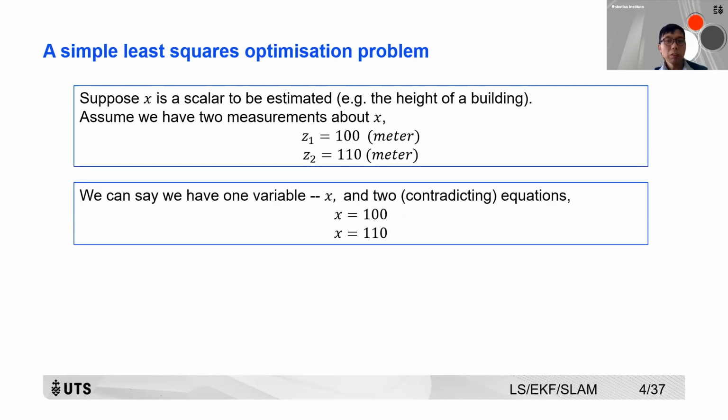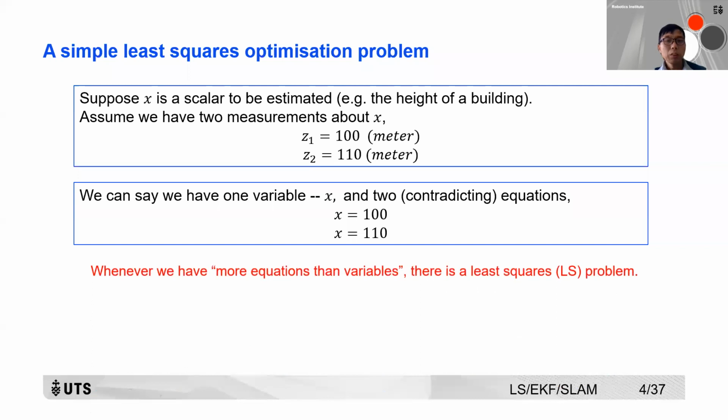Of course, we can't solve the two equations, because they are contradicting. But one way is to formulate the problem as a least square optimization. We want X to be close to 100, and we also want X to be close to 110. So we minimize the square of X minus 100 plus the square of X minus 110.